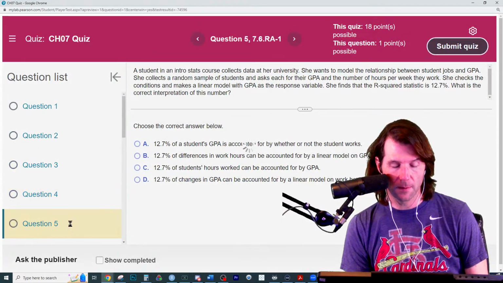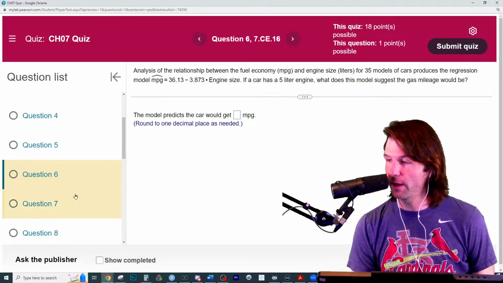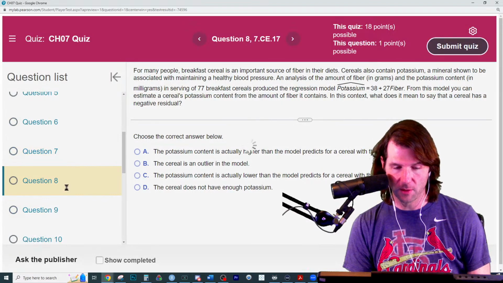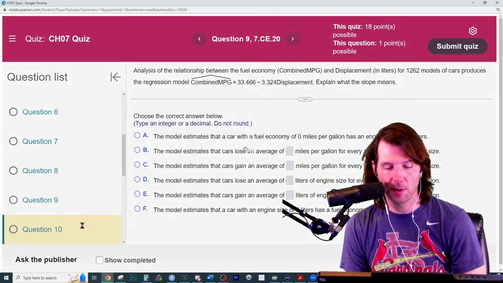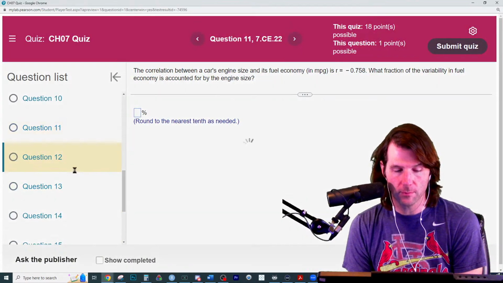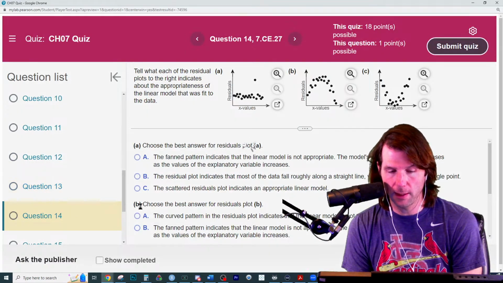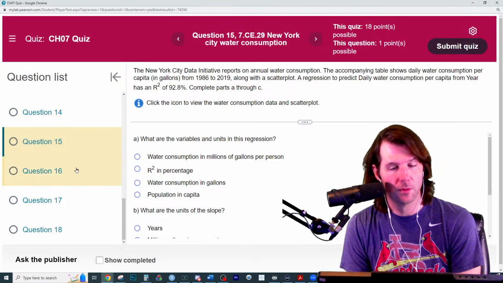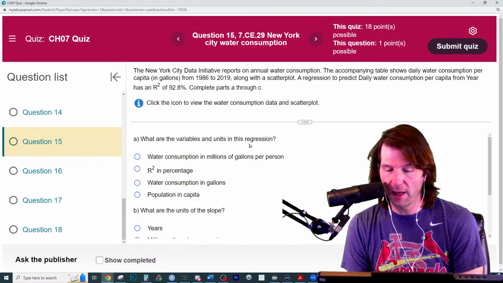There's disk drives again. We do a lot of the ones on homework. Which one right there? Mazzy, if you tell me the number, that'd be great too. I like that one a lot. Number 2. The New York City Data Initiative reports annual water consumption.